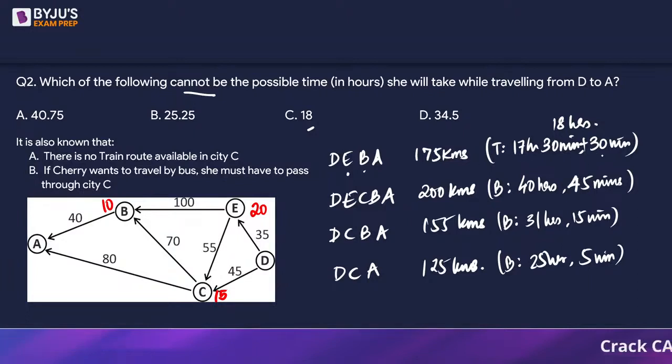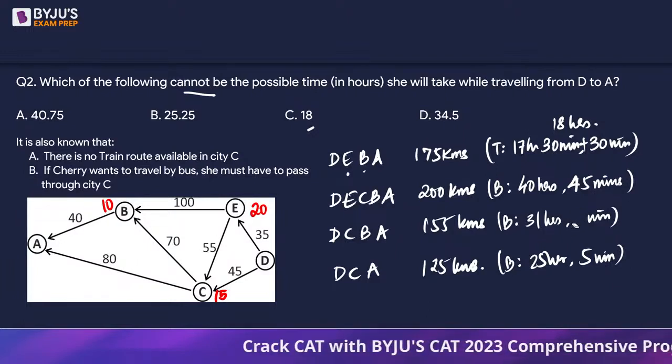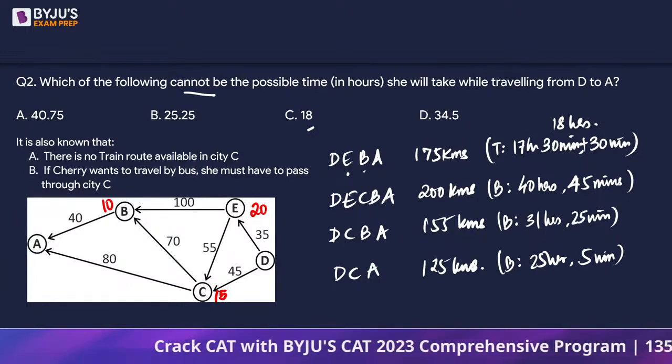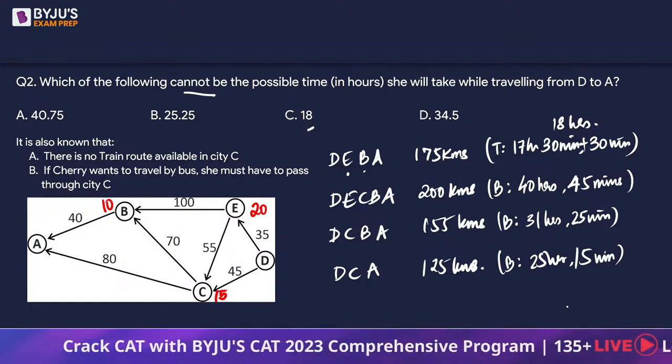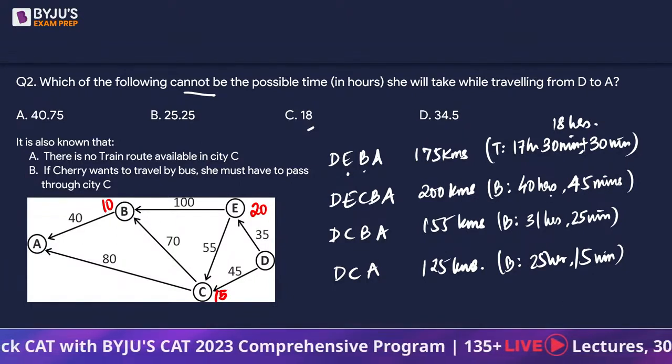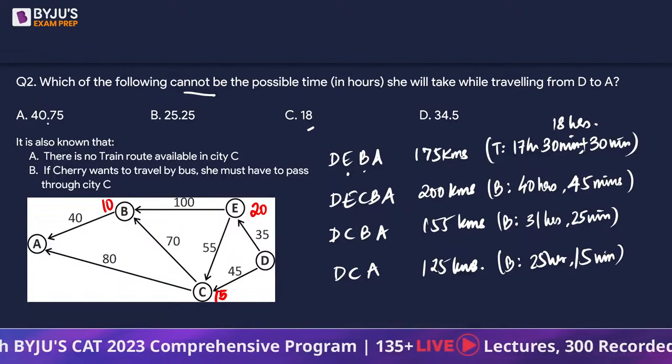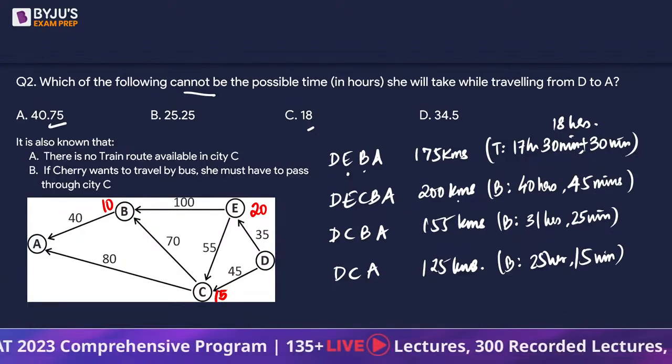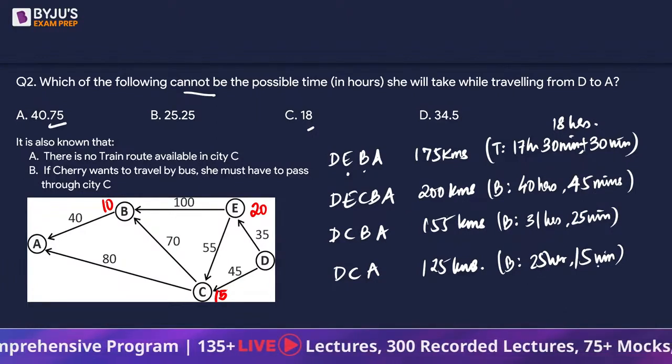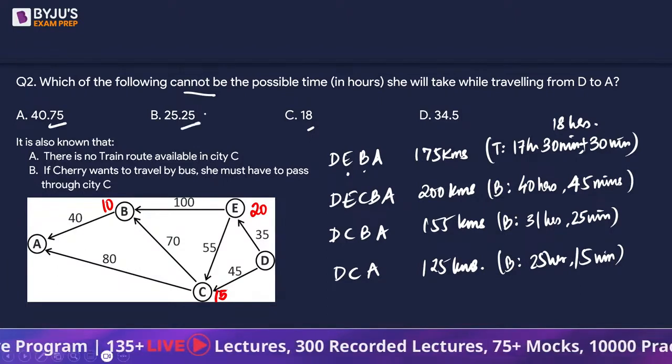DEBA, C was not included, so it will stay 30 minutes. DCBA, it's going to increase by 10 minutes. So this is going to be 25 minutes. And this is 15 minutes. Right? So 40 hours, 45 minutes, can we say it is 40.75? So this is also a possibility. 25 hours, 15 minutes is 25.25 hours.